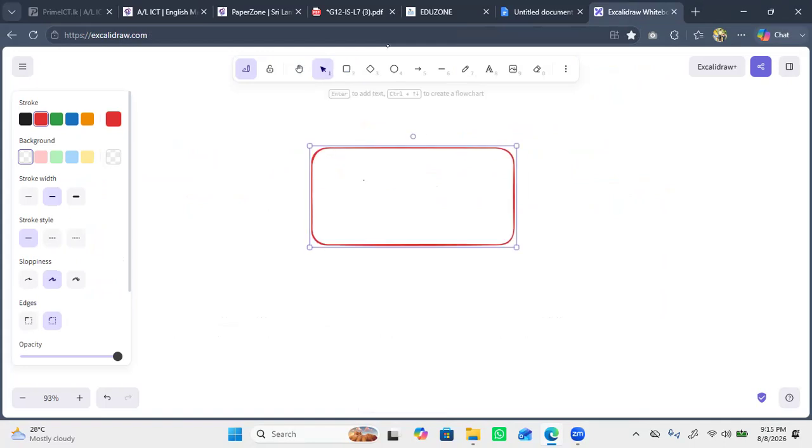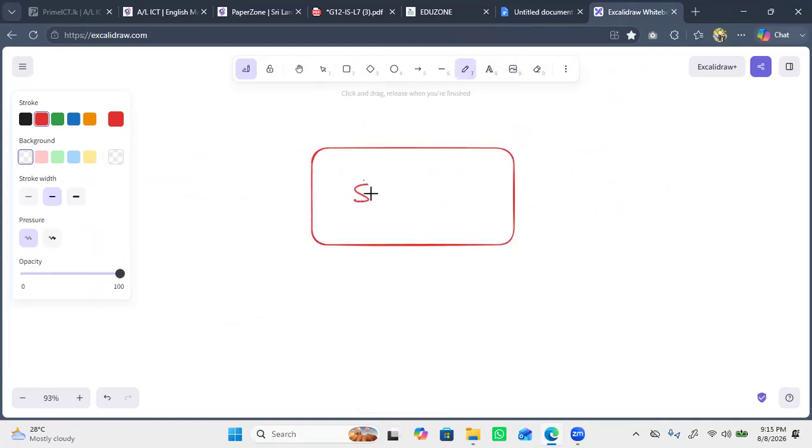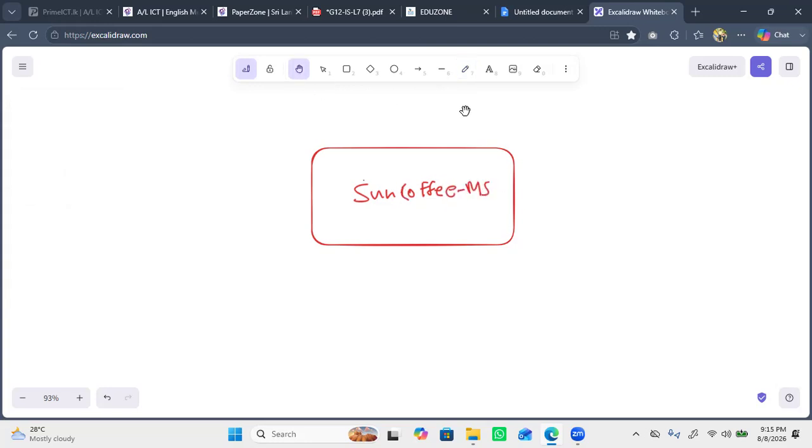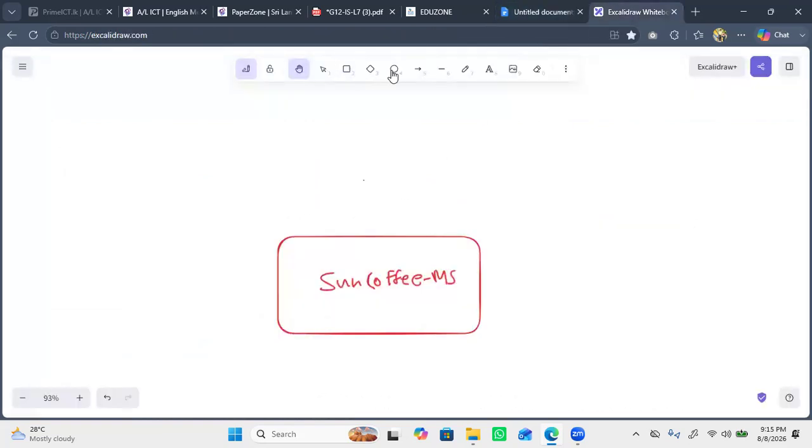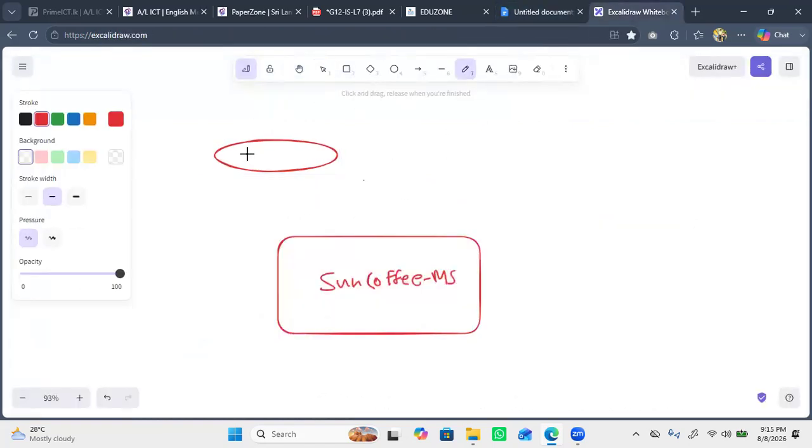Let's draw our system quickly. Sun Coffee MS, the system. Understood the system. After that, to manage daily drink orders, when a customer arrives, the customer is our external entity. Let's quickly draw the customer as an external entity.